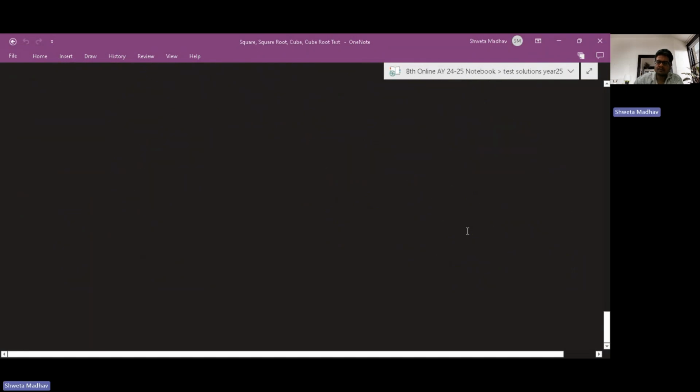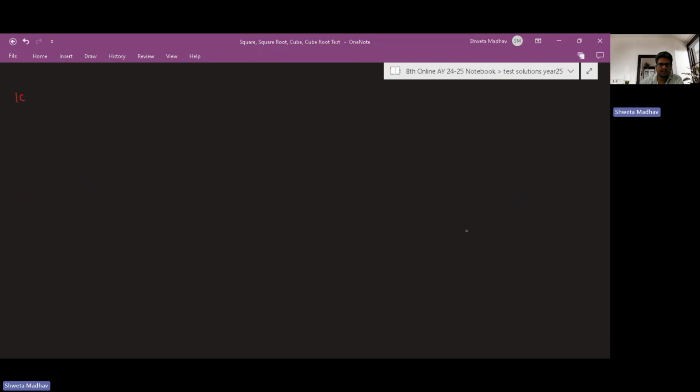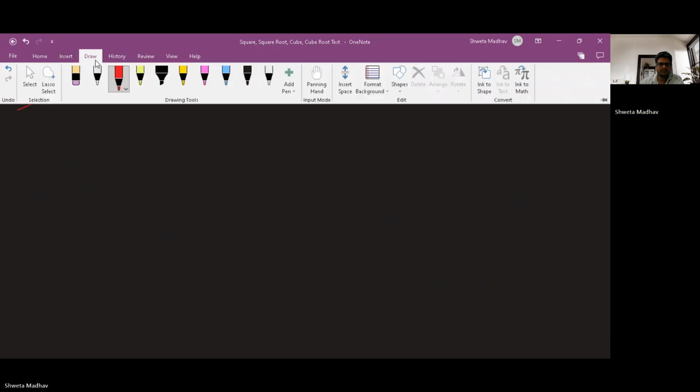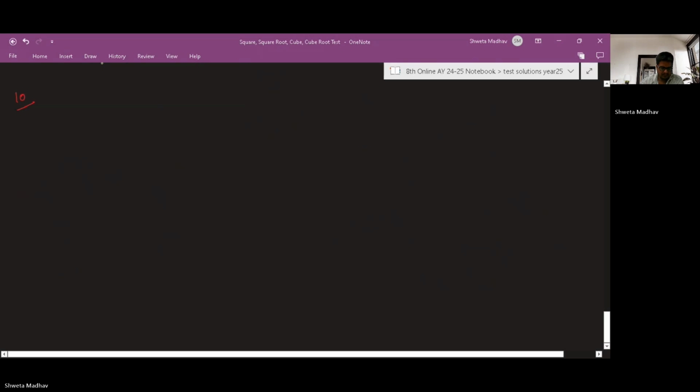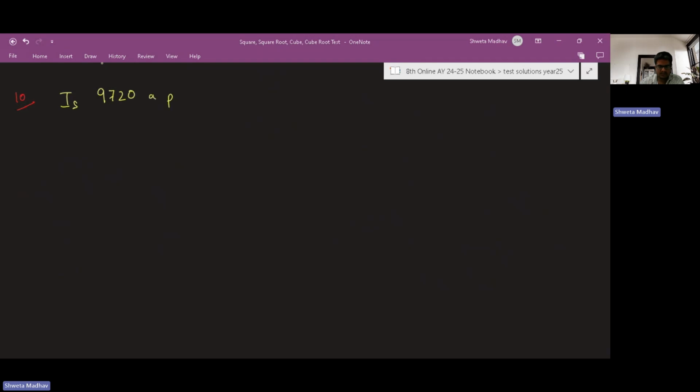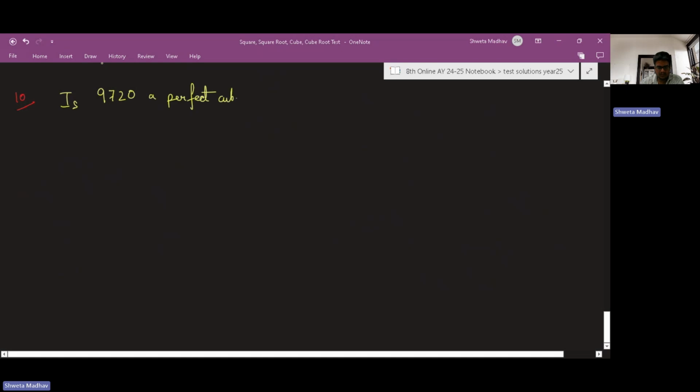Okay, so here in question number 10, it is asked: is 9,720 a perfect cube?